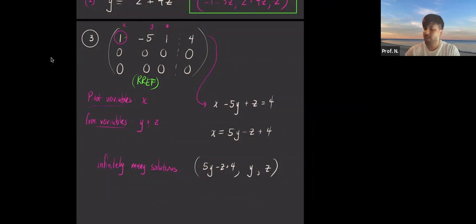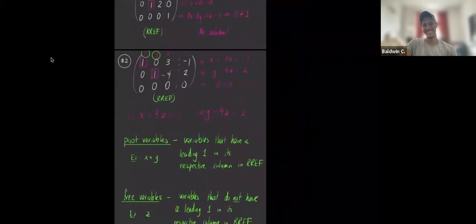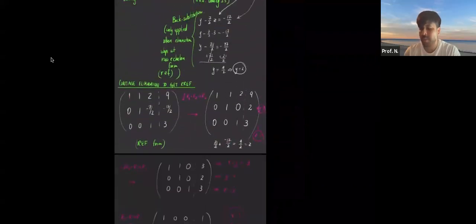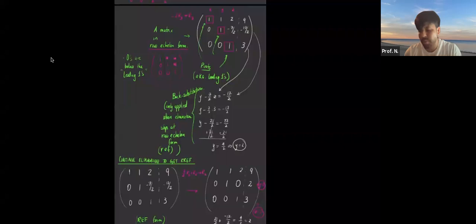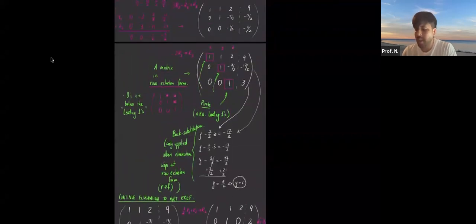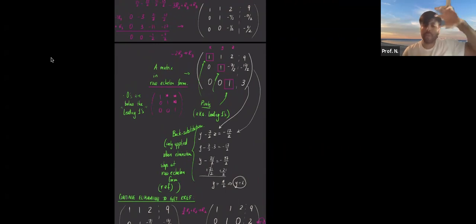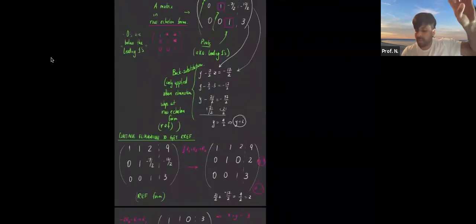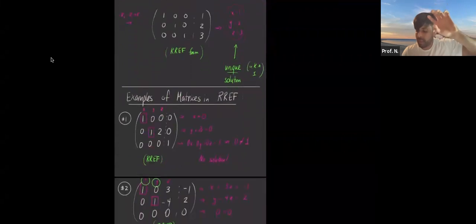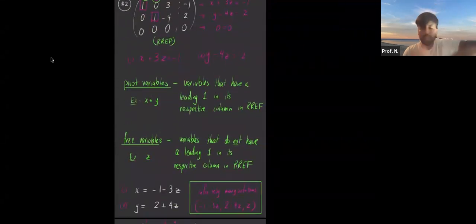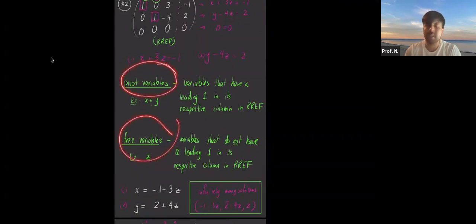So we talked about several pieces of terminology, right? We've distinguished between row echelon form and row reduced echelon form, REF and RREF. We talked about leading ones, which are essentially what are called the pivots, and back substitution. We talked about the pivot variables and the free variables, and we're able to determine what these are when it's in row reduced echelon form.